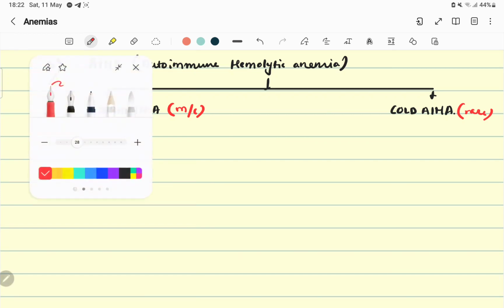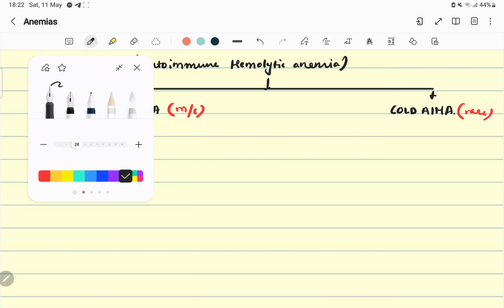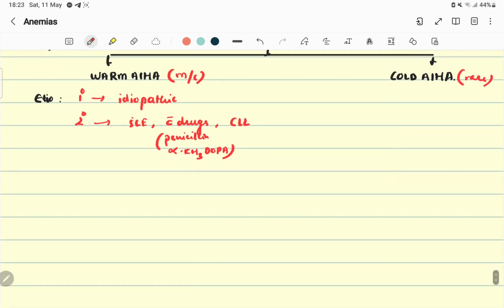So talking about the etiology, the primary one is idiopathic, and secondary it may be seen in SLE, with drugs like penicillin and alpha methyldopa, or in CLL, right.